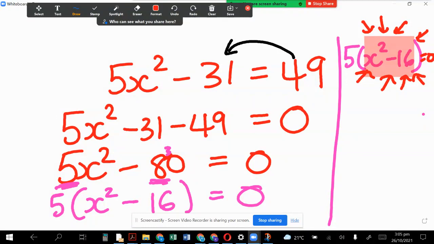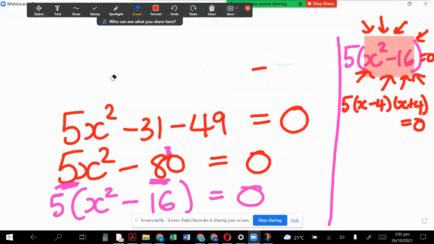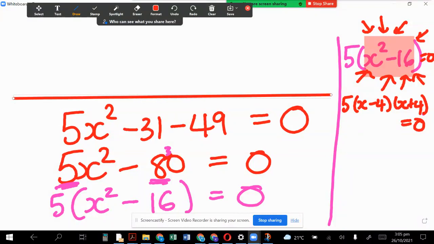If I have space over here, I basically have the following. 5 bracket x minus 4, x plus 4 equals 0. Let me just erase it and see if I can finish off the question here. So what we have is a difference of squares, and we've got the number 5 in front. So 5 bracket x minus 4, x plus 4, because it's a difference of squares, remember.